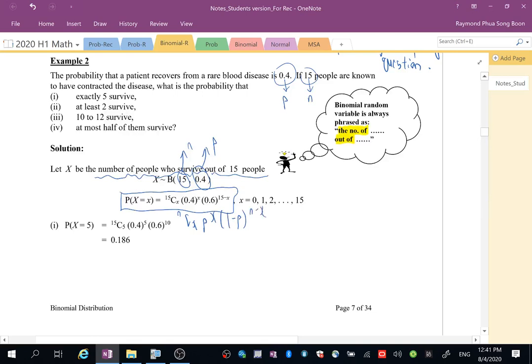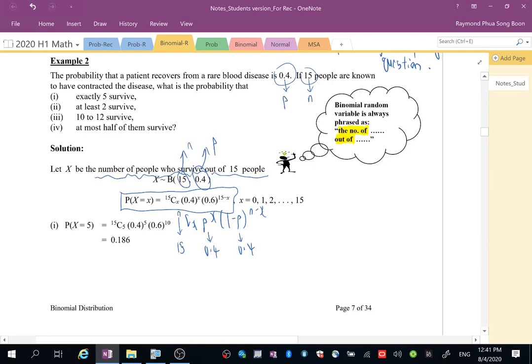So in this case, we just replace n by 15 and p by 0.4, and you'll get this formula to help you calculate the probability of X equals a particular value, small x, where small x can take on values from 0 all the way until 15.